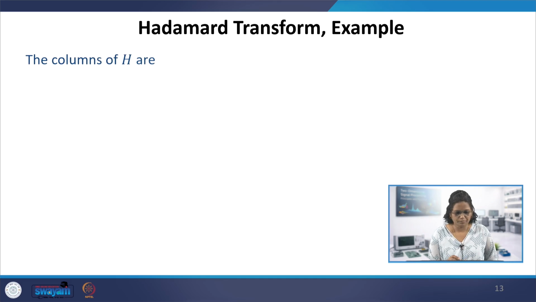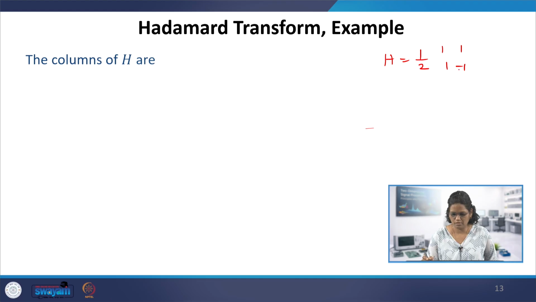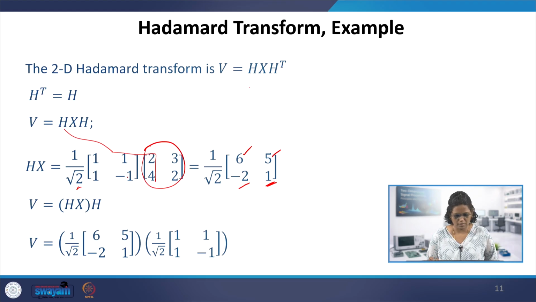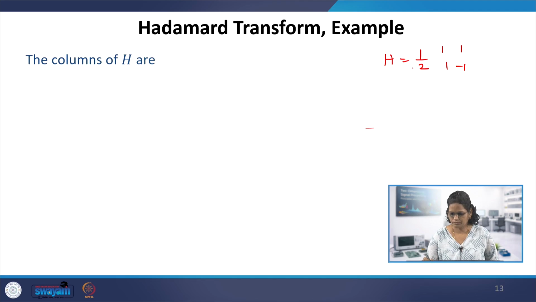Now, taking the columns of H, these are the basis images. Can we get back the image from the transform coefficients? So the columns of H: we had H as 1 by root 2 times [1 1; 1 -1], that's H0 and H1. From this, the columns are taken.